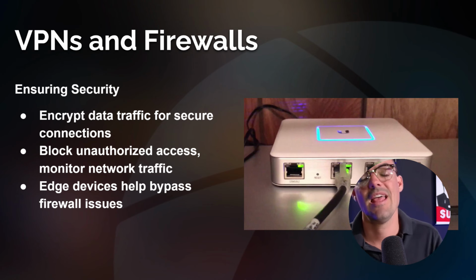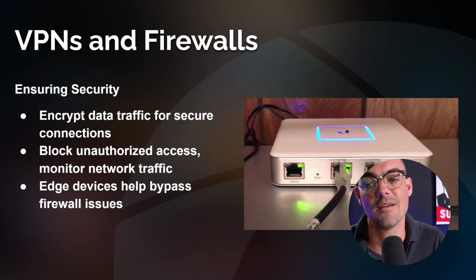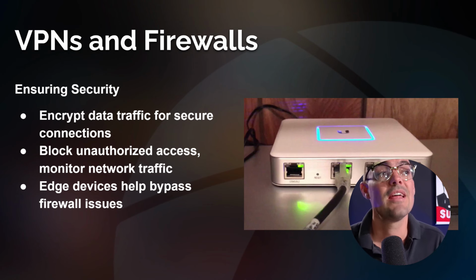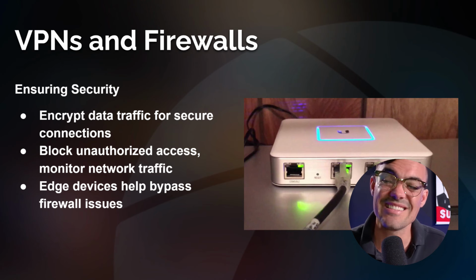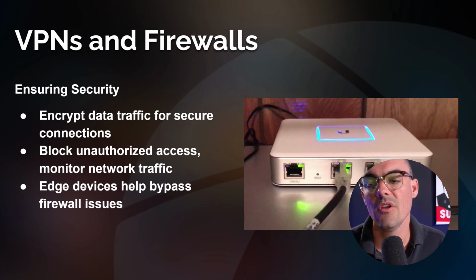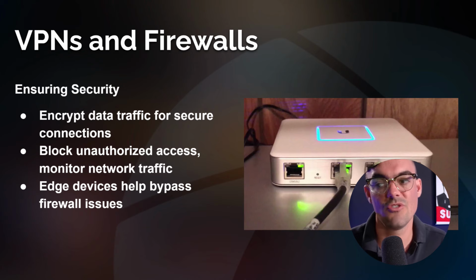We are trying to get access, and sometimes firewalls can get in the way. Now, edge devices are generally used so you don't have to worry about the firewall as much, because they connect directly to the cloud. And so edge devices can generally get around firewalls and bypass the firewall issues that you may come up against.